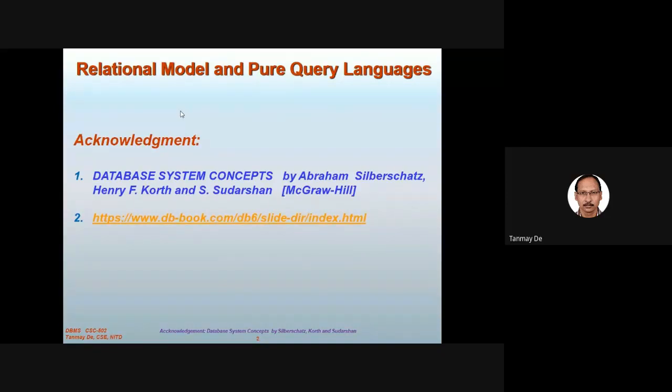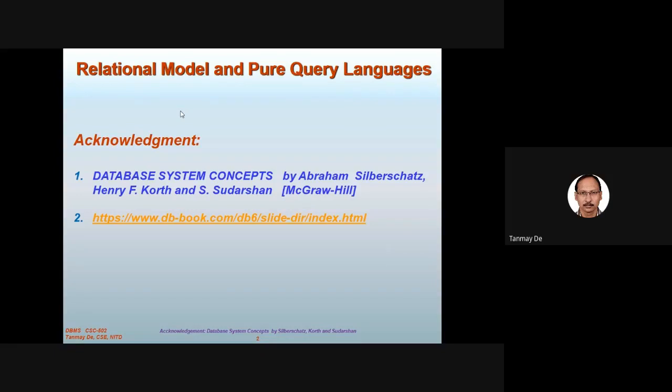So the relational model and the pure query language. The pure query language I already told about in my beginning class. This actually forms the basis of the query language. A query language is a language by which we can ask for or retrieve information from the database. This pure query language is the basis to form any other commercial query language.